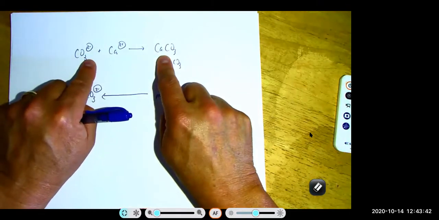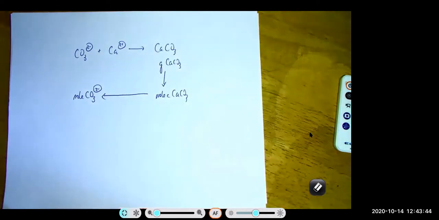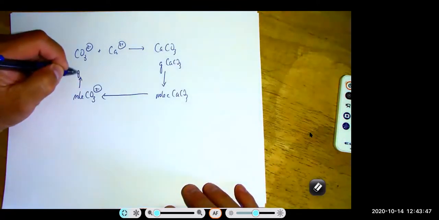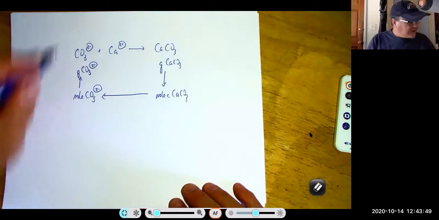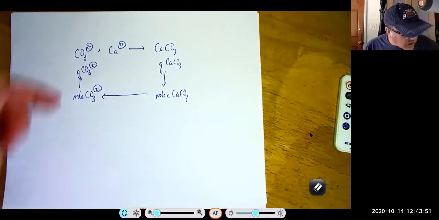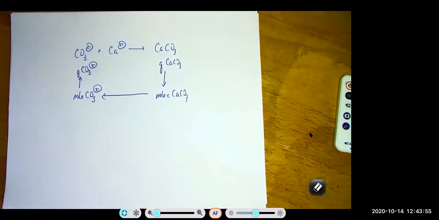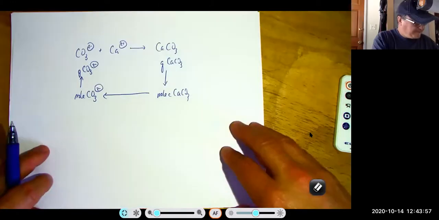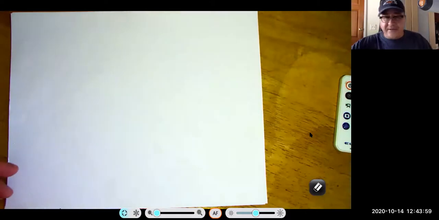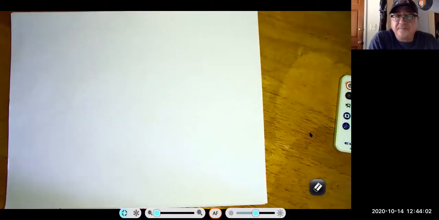And so it's a 1-to-1 ratio. Since we're focusing on the carbonate, we're going to use the net. Okay. All right. Anything else? Nothing else?